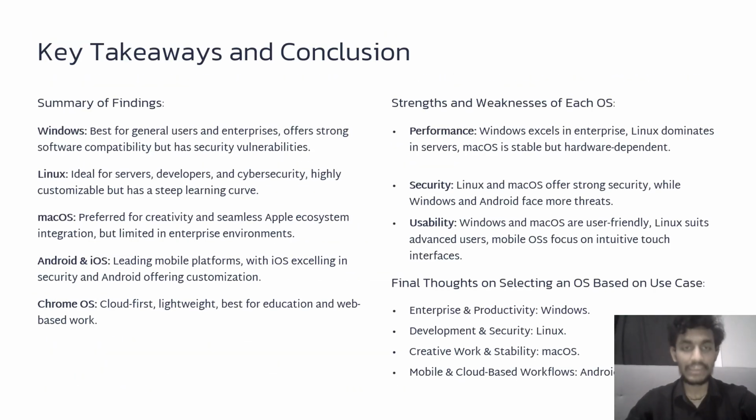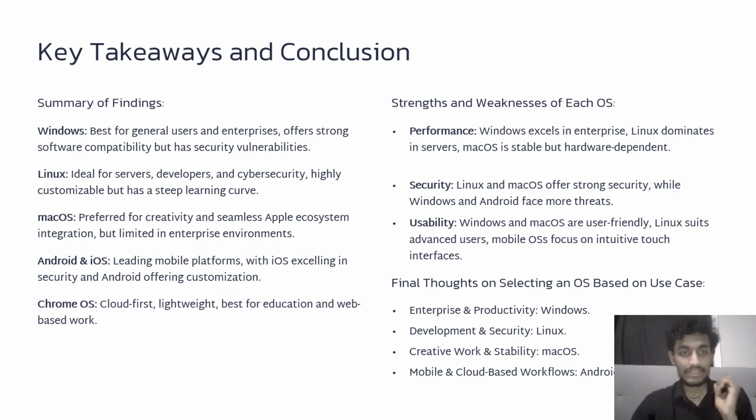Key takeaways and conclusion. Summary of findings. Windows is best for general users and enterprises and offers strong software compatibility, but has security vulnerabilities. Linux is ideal for servers, developers, and cybersecurity.